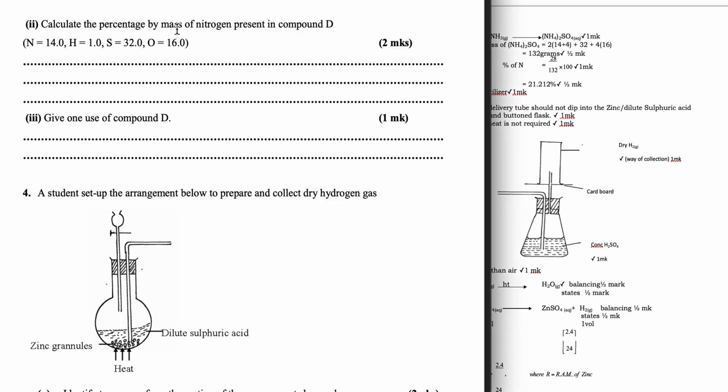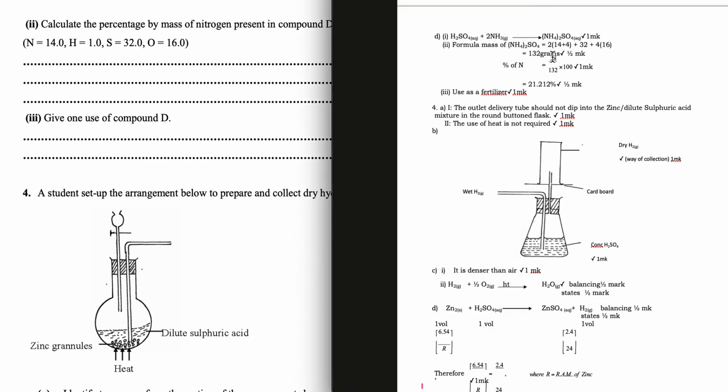Calculate the percentage by mass of nitrogen present in compound D. This is how you do your working. Give one use of compound D. It's used as a fertilizer.